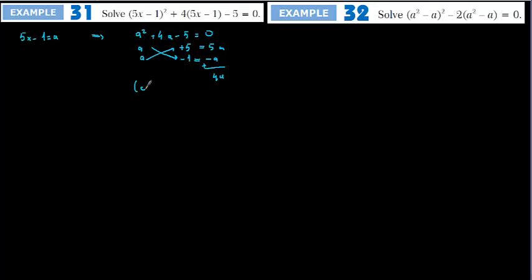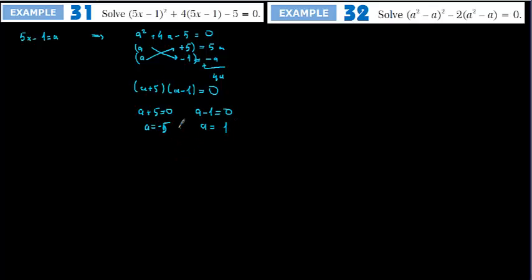So the factors are (a + 5)(a - 1). A + 5 is equal to 0, a is equal to -5, and a - 1 is equal to 0, then a is equal to 1.